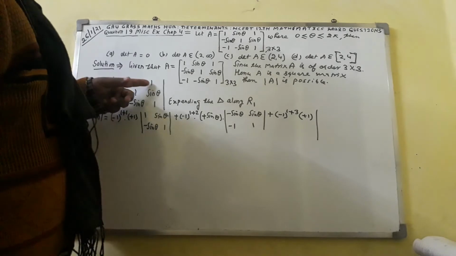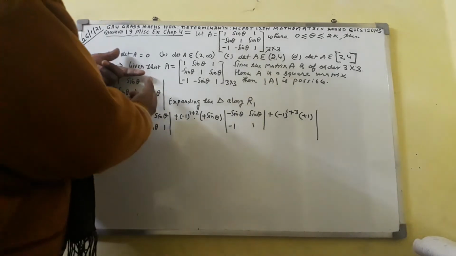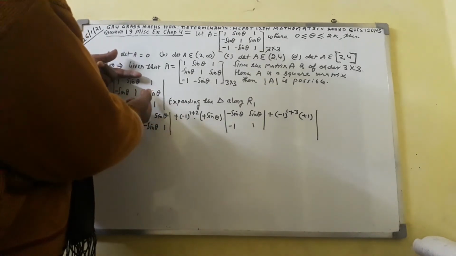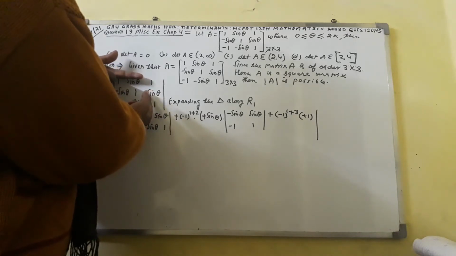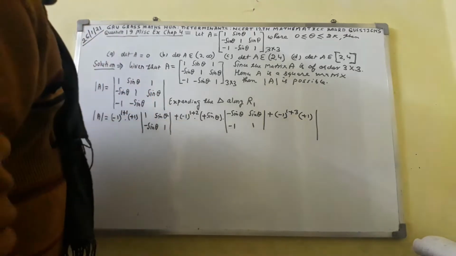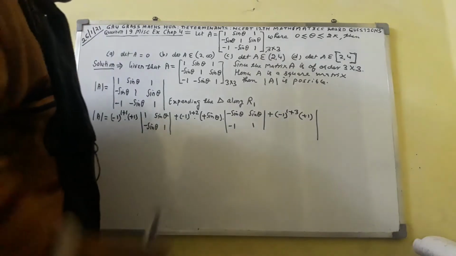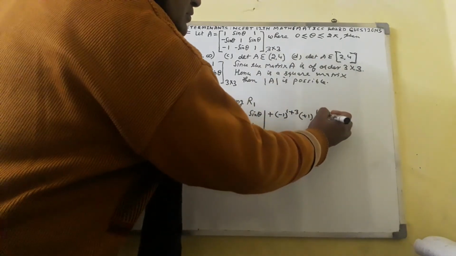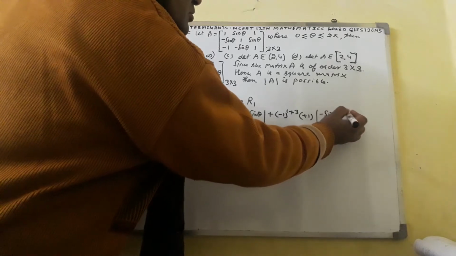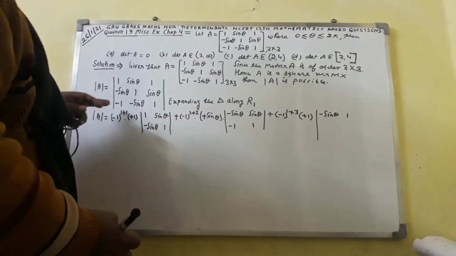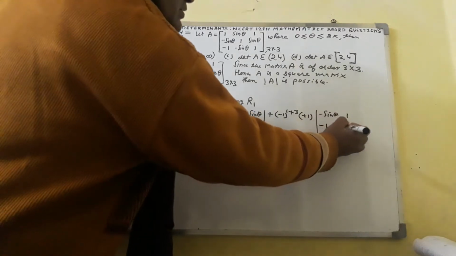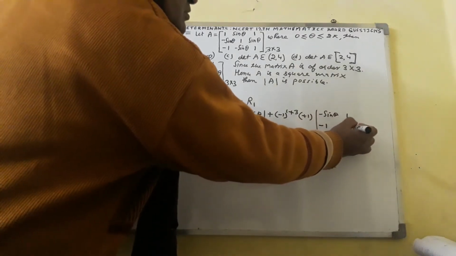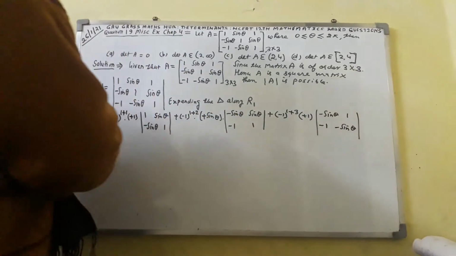Since this one is there in first row and third column, the first row and third column will be hidden. You will get the minor of plus 1 as the determinant minus sin theta, 1; minus 1, minus sin theta. This thing you will get. Now simplify this one.